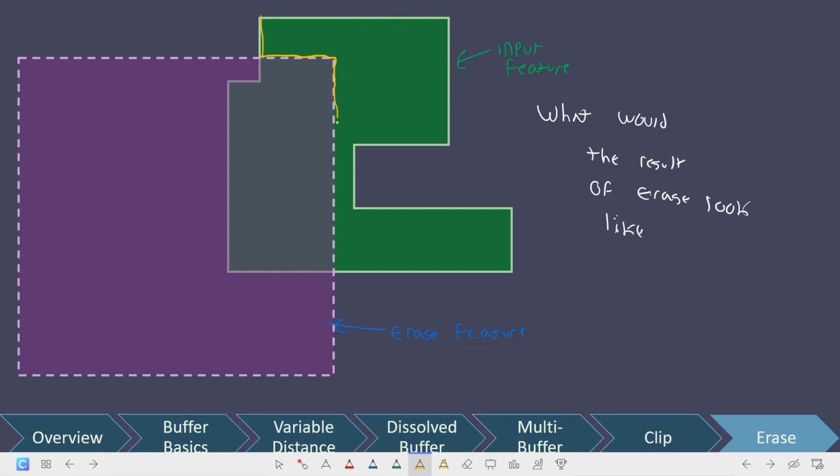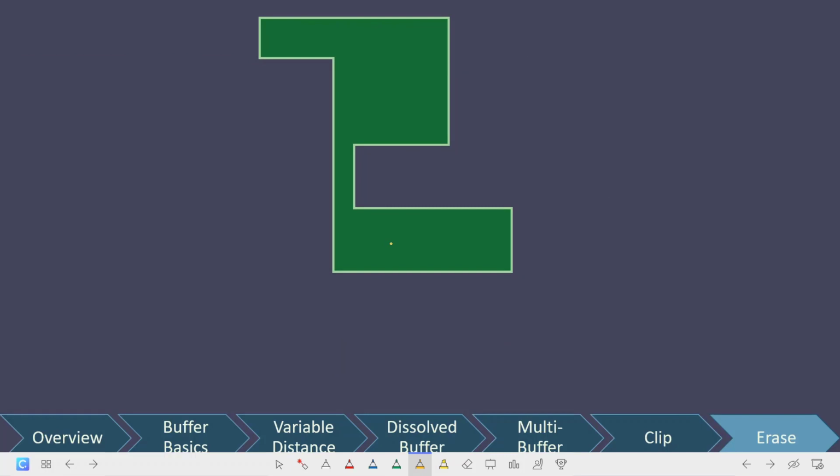So we would cut along it like this. And so what we would get back, or the result of erase, would be the parts of the input feature that are not overlapped by the erase feature. And so drawn more elegantly, it would look something like this. This is all of the parts that were not overlapped by the erase feature.